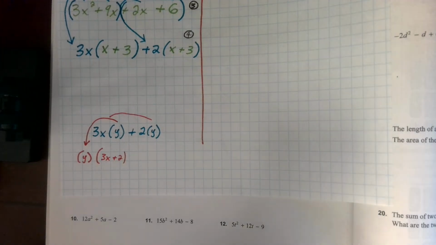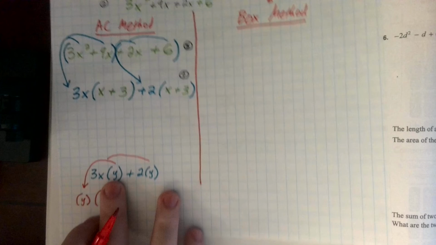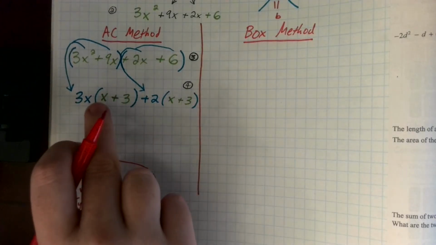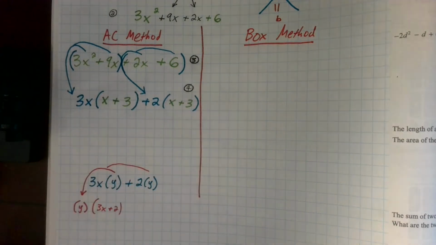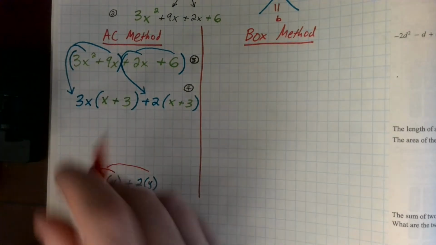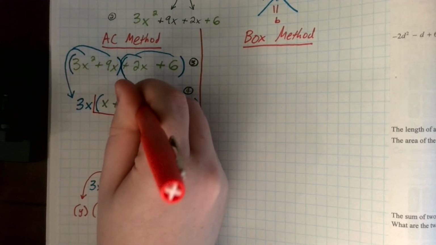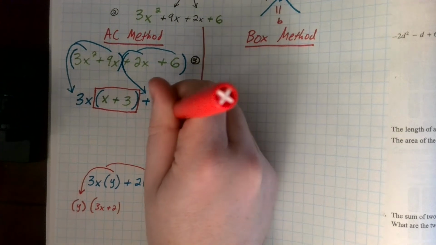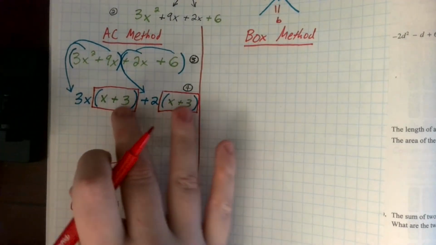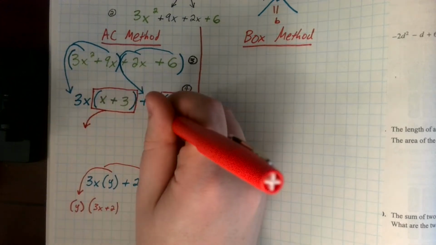It turns out it's the same even if what's inside of parentheses is a little more complicated. Up here, we have x plus 3 on both our two terms. It's a little more complicated, but that means we can pull out x plus 3 from both terms. Let's pull out an x plus 3 from both and put it in front like we always have been.